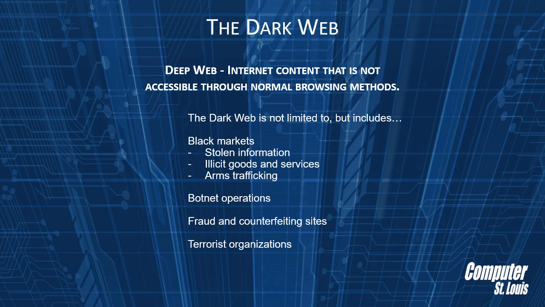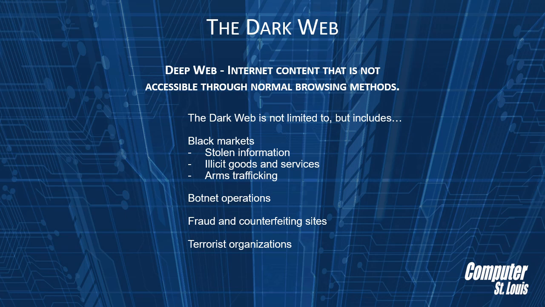So people traffic in black markets there: stolen information, illicit goods, arms trafficking, the slave trade, unfortunately. Human trafficking happens on deep websites, dark websites. Also, people run botnet operations, so that's when they take over computers, and these computers are basically doing processing for illicit means.